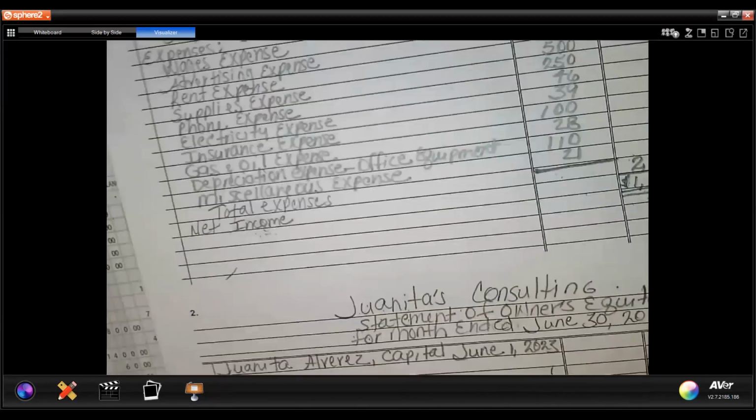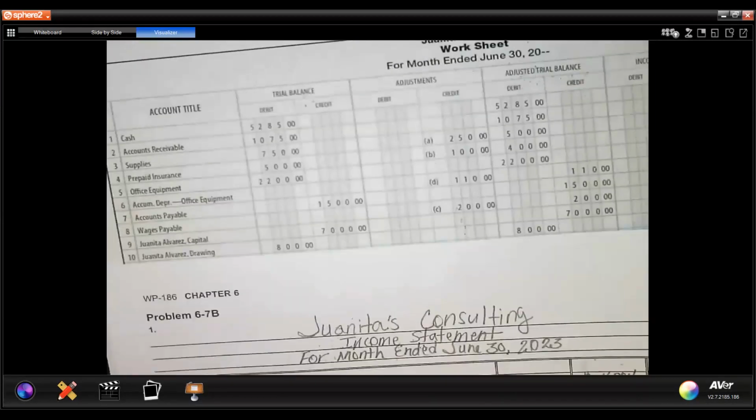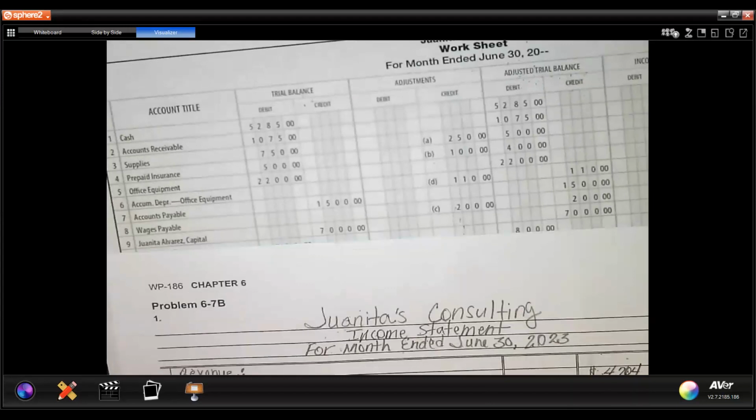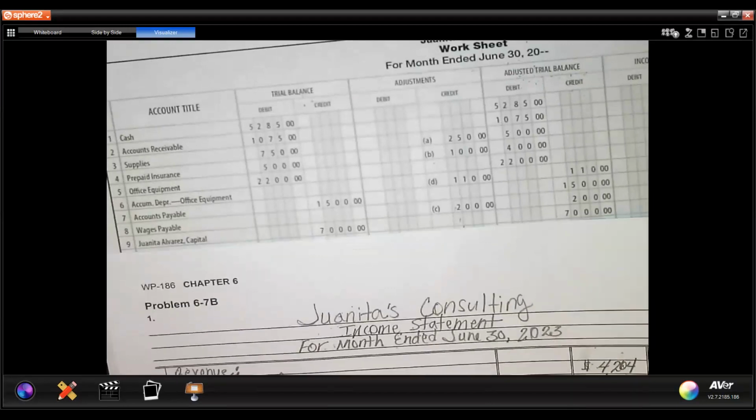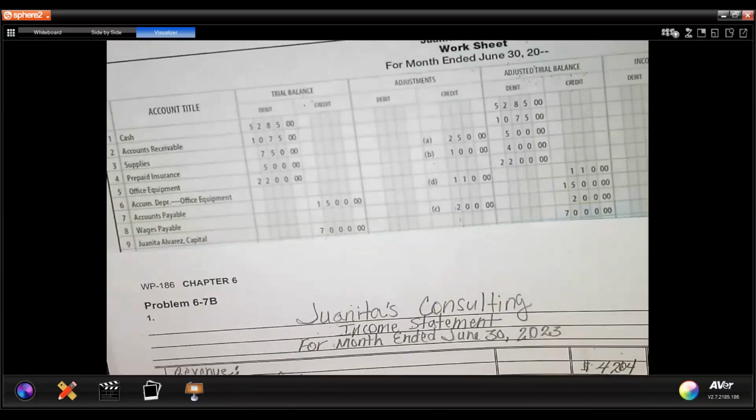Okay, so if we go back to our worksheet and pan over to Juanita Alvarez, Capital, we can look at her trial balance and see that she originally invested $7,000 into her business.